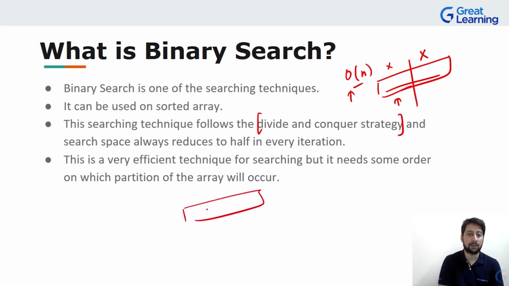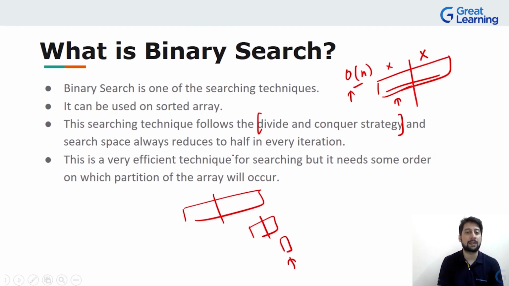So every time, our search space is reduced until we find that element or the array is exhausted. Our search space is reduced to half in every iteration. So this is what a binary search is.